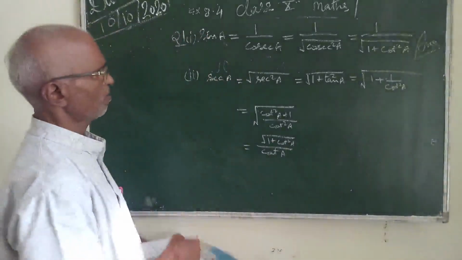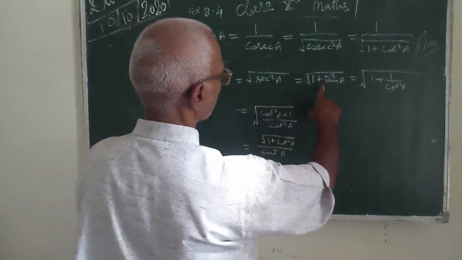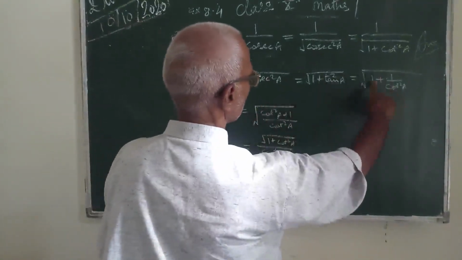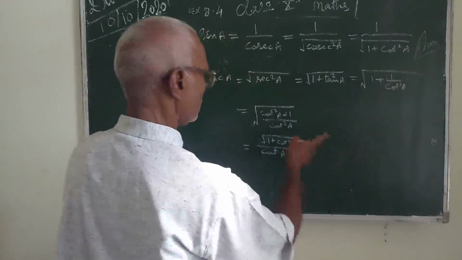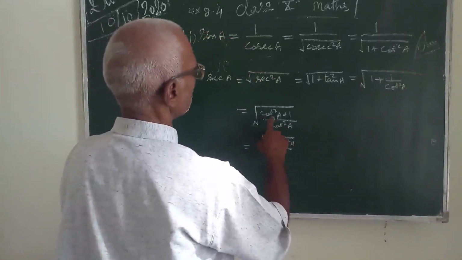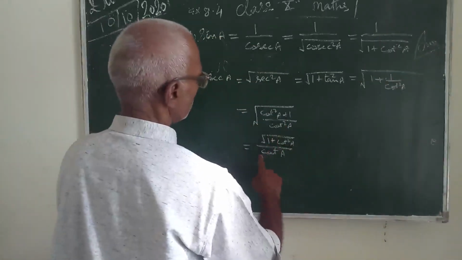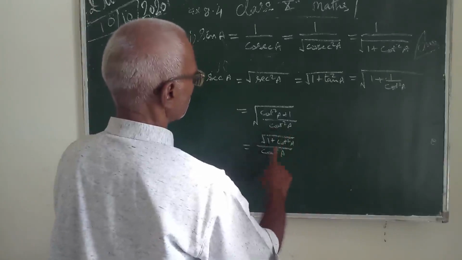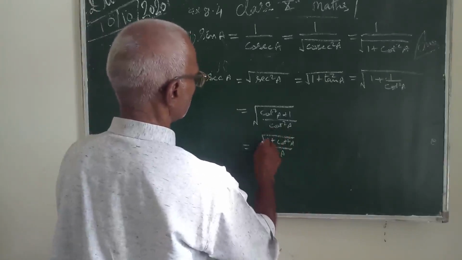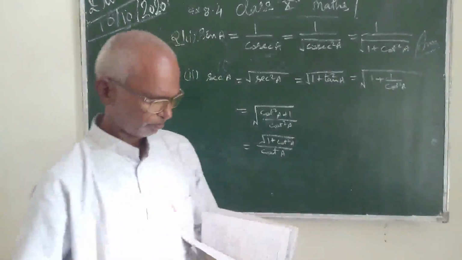Sec is root of sec square A, which is equal to 1 plus tan square A. Tan is 1 upon cot, so 1 plus 1 upon cot square A. By taking LCM, cot square is the LCM, so cot square A plus 1. So 1 plus cot square A upon the square root of cot square, which is free from root, so it is cot A. Thus sec A is represented in this way.